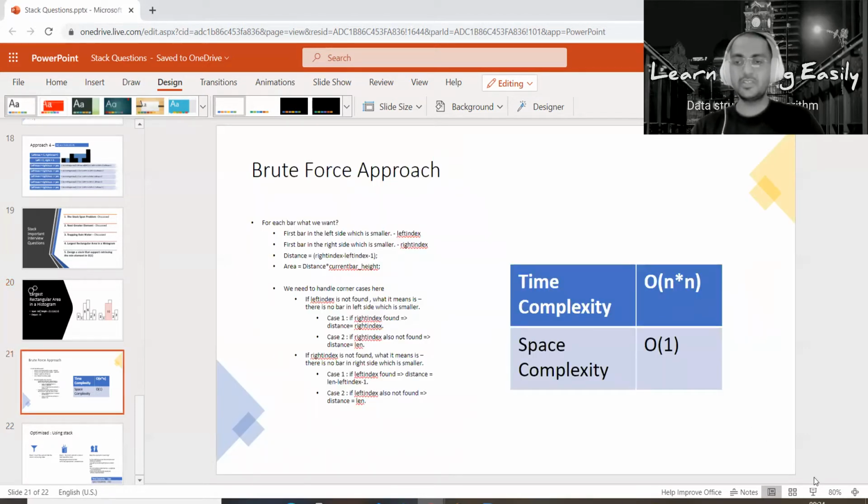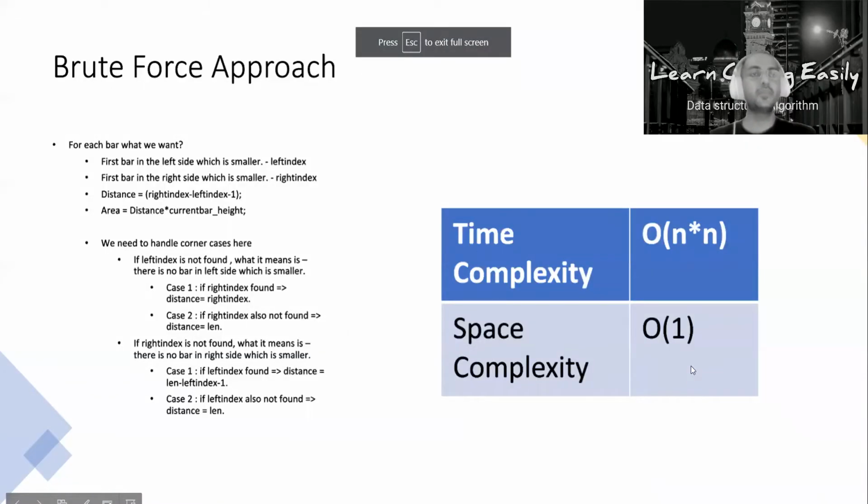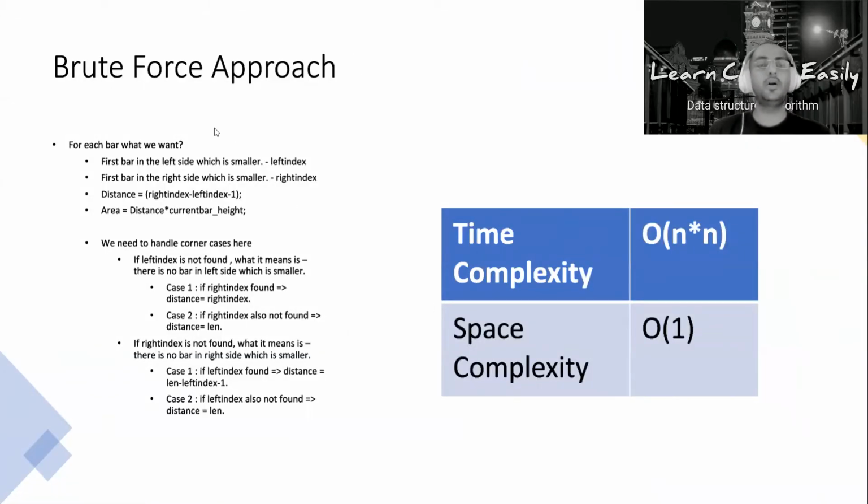So the approach is very simple. For each bar, we want the first bar on the left side which is smaller than the current element. Let's say the index of that element is the left index. Now, for each element, I want to get the first bar on the right side which is smaller than the current element.